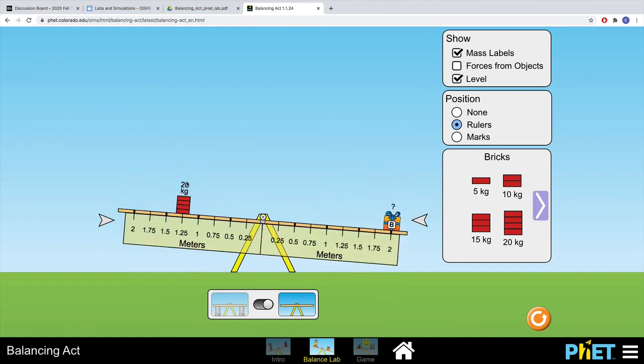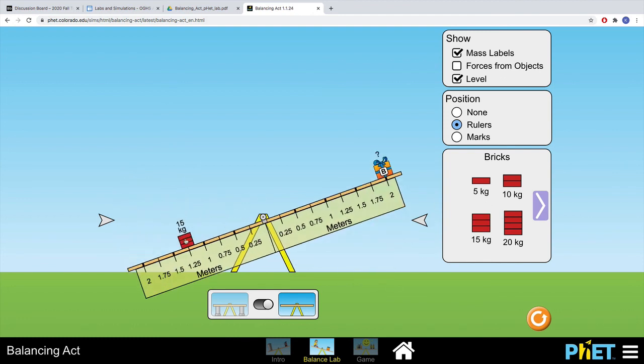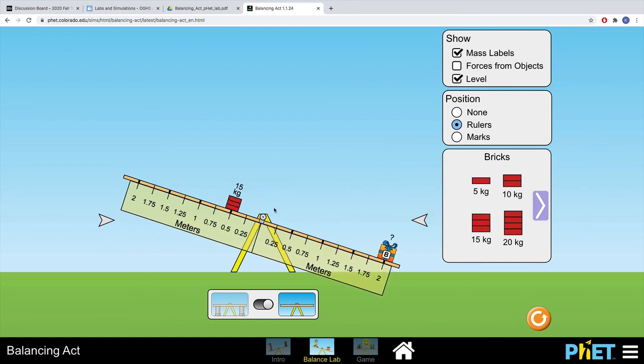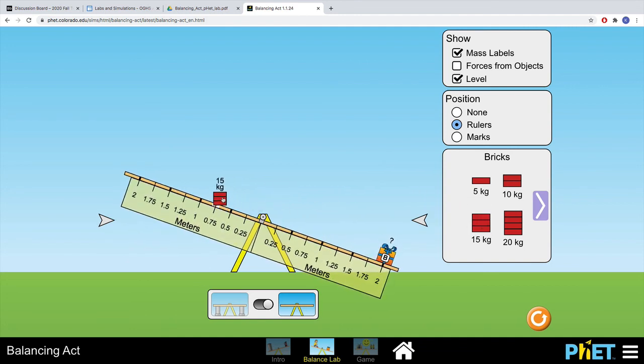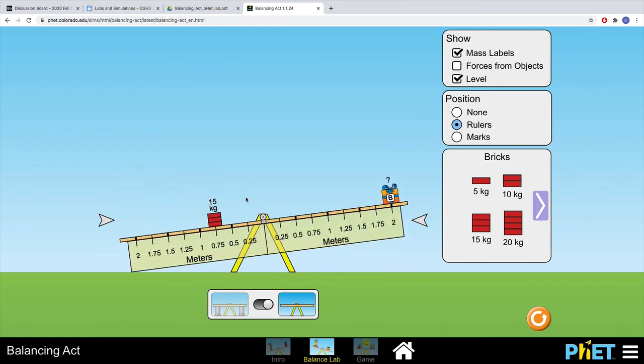You just play with the 20 or with the 15, and as soon as you get a balance, you take a picture. This is not balanced, of course. Don't take the screenshot of this. Then you take the screenshot and attach it as part of your lab report.